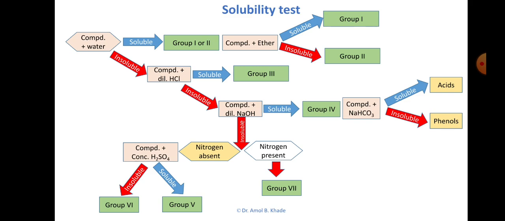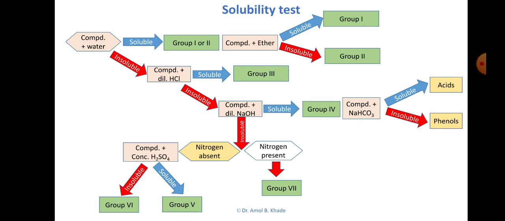Okay, your compound belongs to group 7. So this is how you can utilize this solubility test, which is quite a simple test, and using different solvents and checking the solubility of the given unknown sample, we can categorize our compound into a particular group.